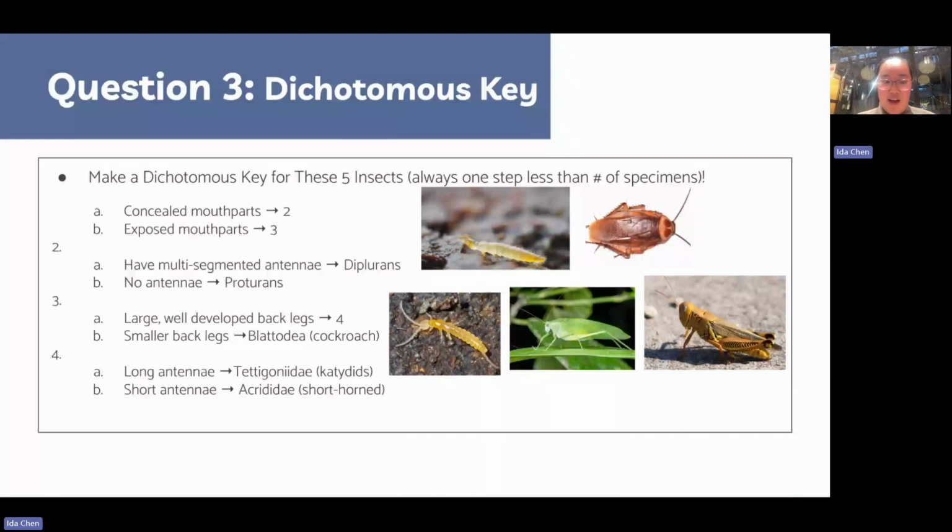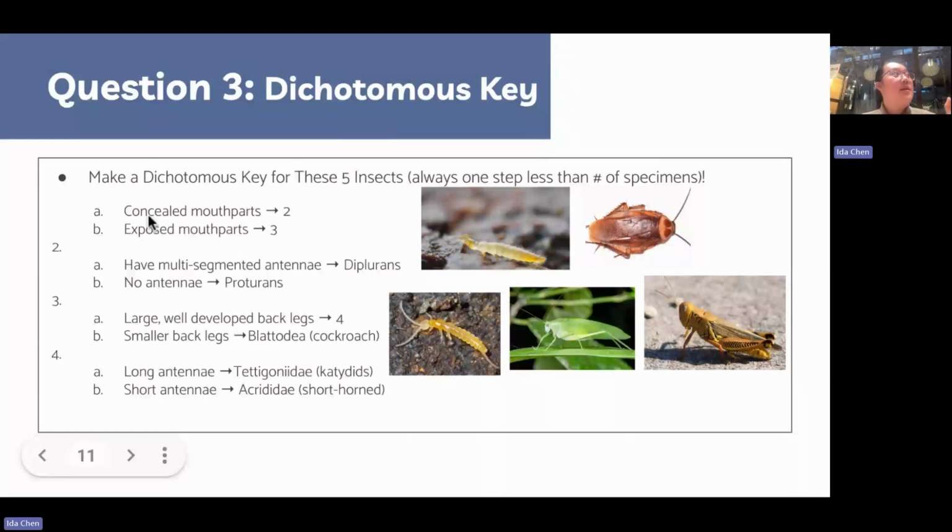One thing that differentiated them was that some of these were insects and part of the same class, and the other one was class Entognatha, but they're not true insects. So that was the first level of distinction that I made, and I put that in the first step.